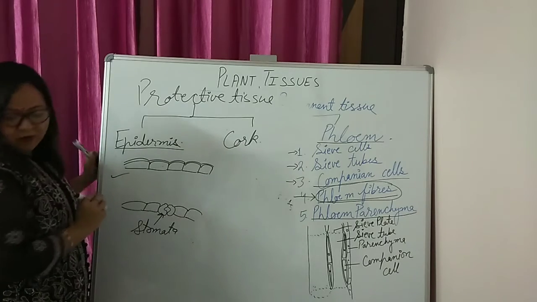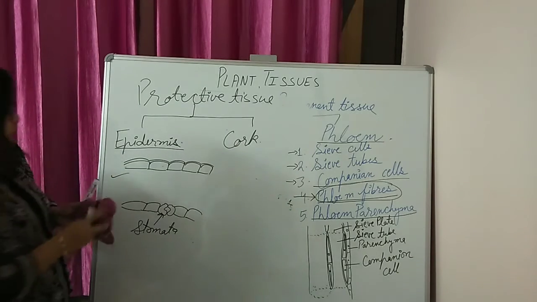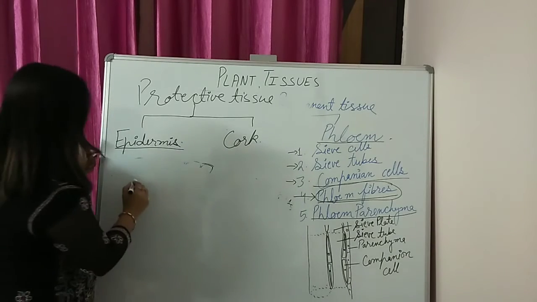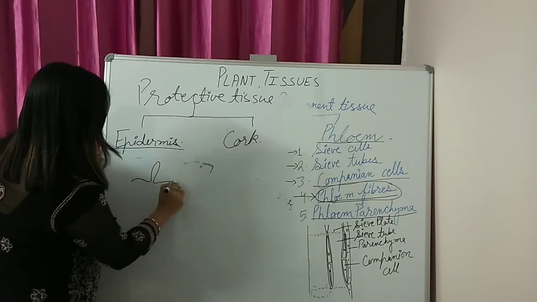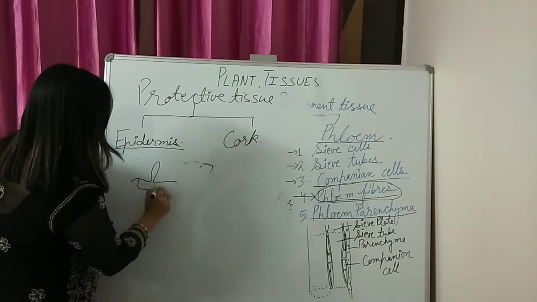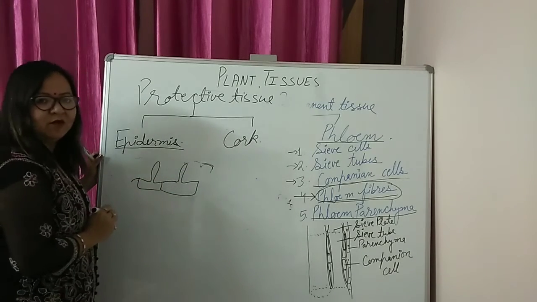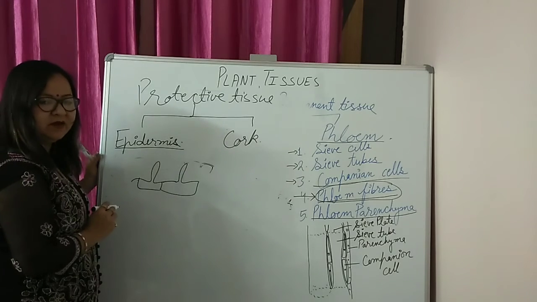When we talk about the epidermis of roots, the epidermis of roots has root hairs to increase the surface area, and this is required for the absorption of water and minerals.